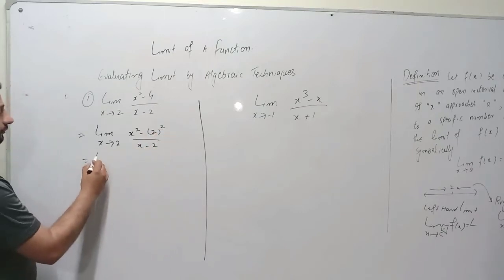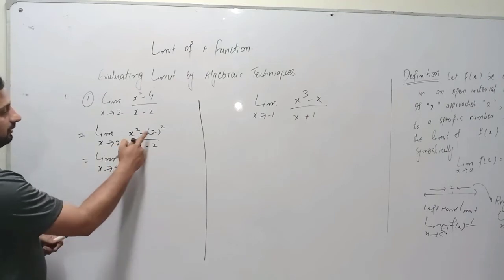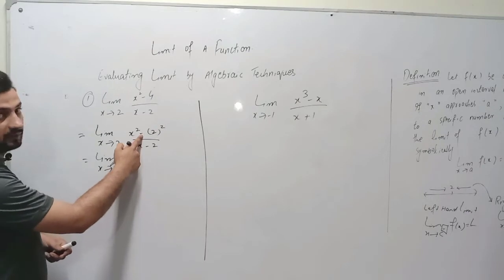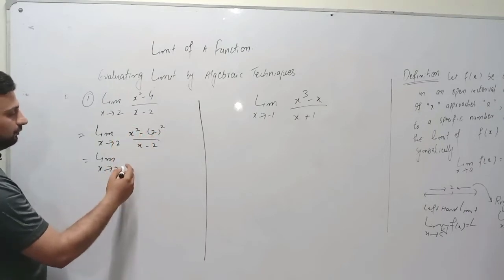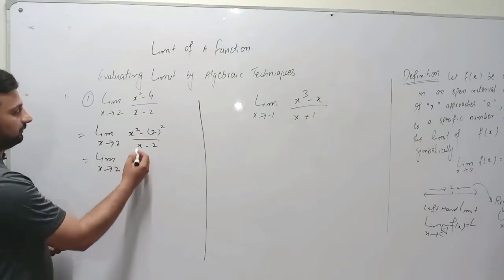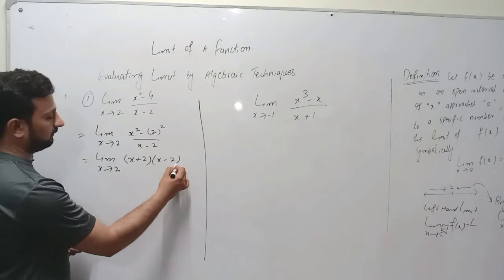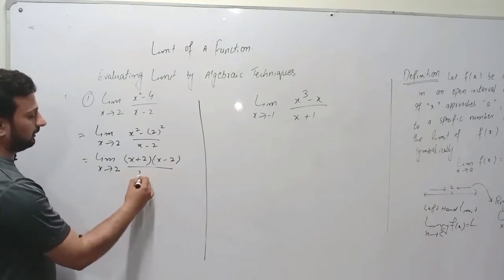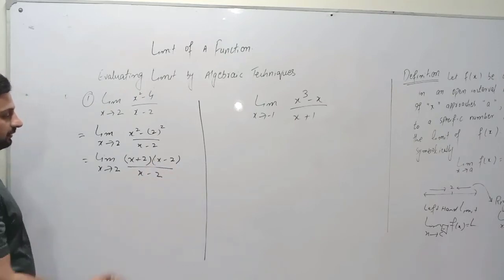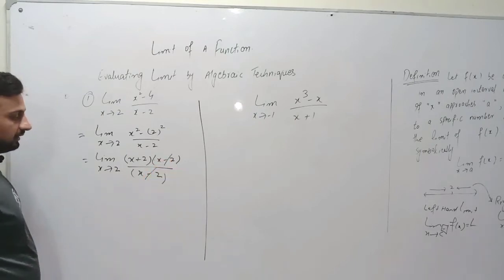Now there is a negative sign between the two squares, so we will write the factors: first with a plus sign, and then with a negative sign, and also x minus 2 as it is.